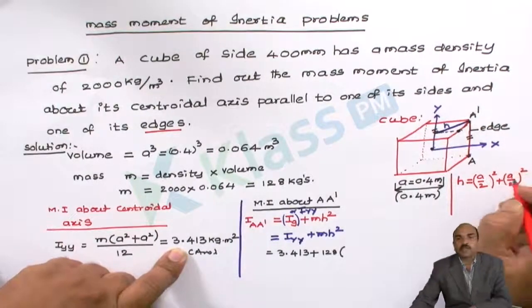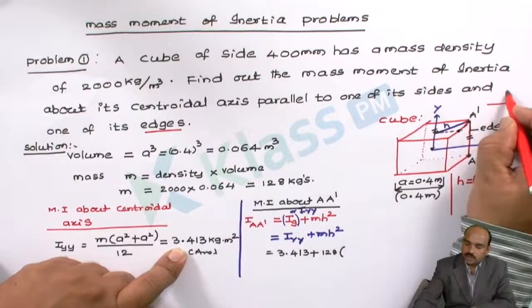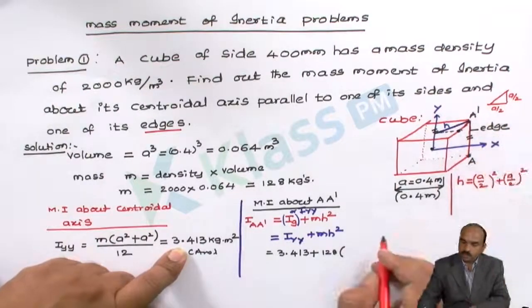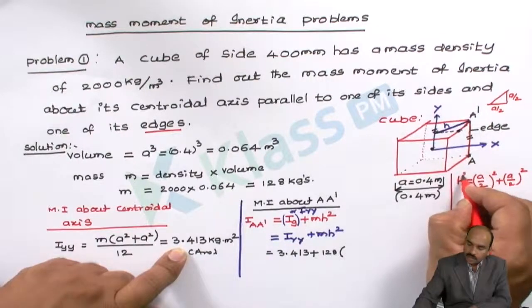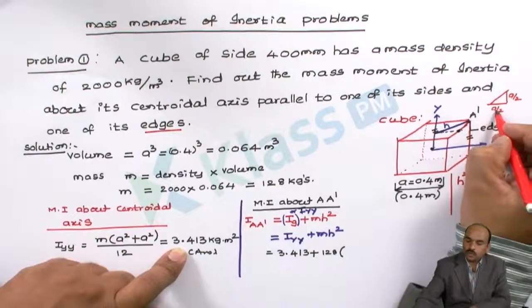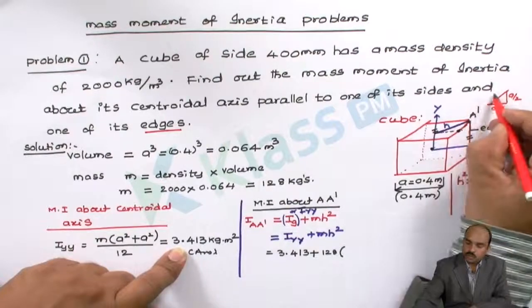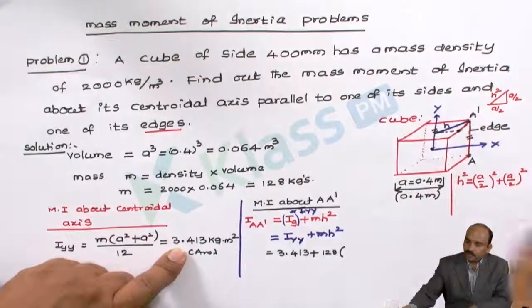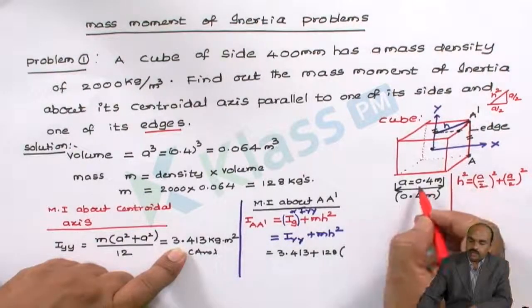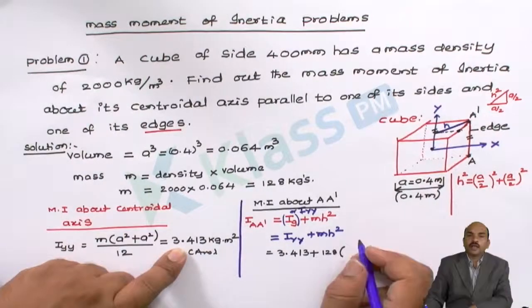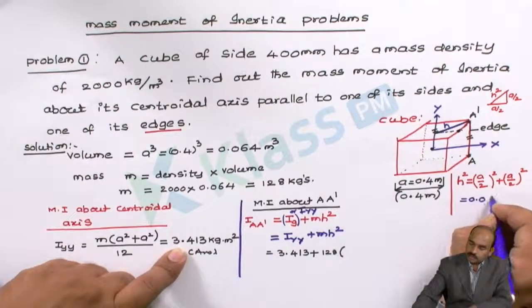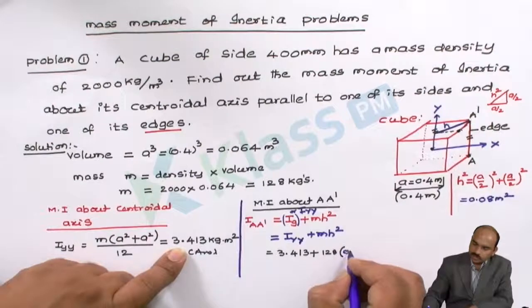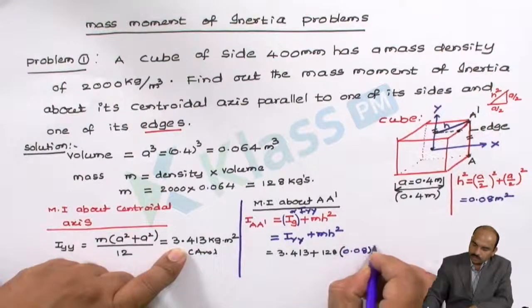Now we know the side a is 0.4, so we get h square as 0.08 meter square. Let us write h square as 0.08 here.